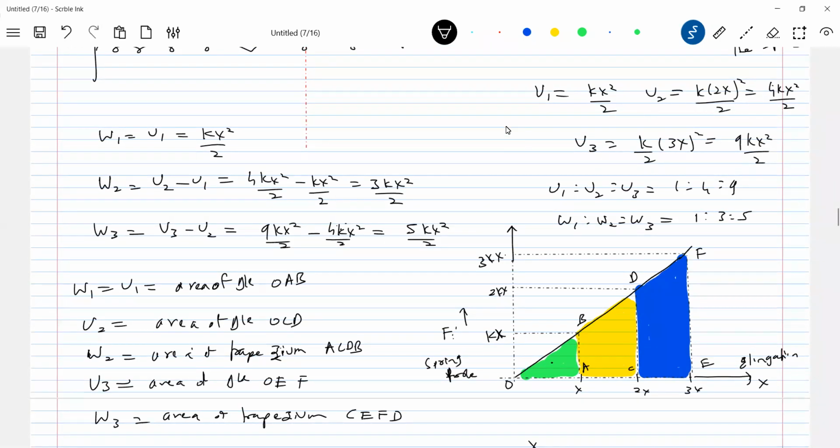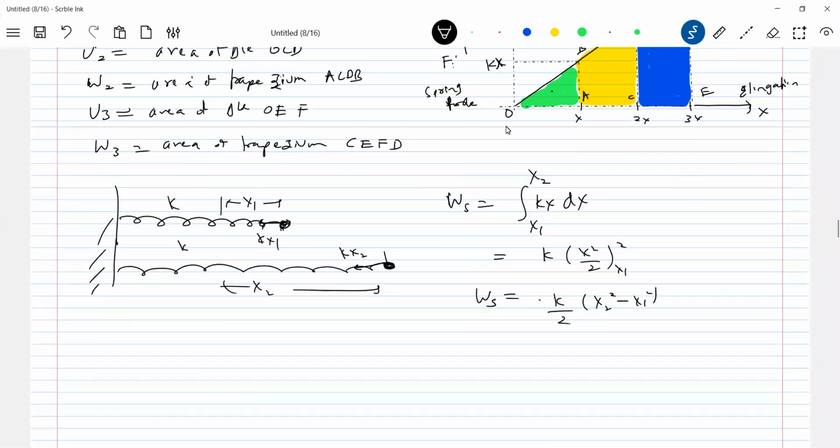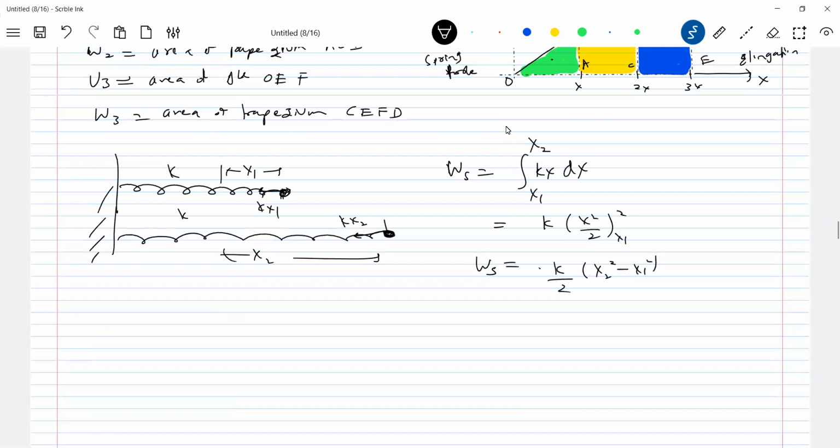You can take graphical help, or you can take help of integration. Moreover, the spring force is variable. So whenever problems arise, you have to be very careful. Is there any elongation? Is there any initial compression? From that you have to manage the conditions.